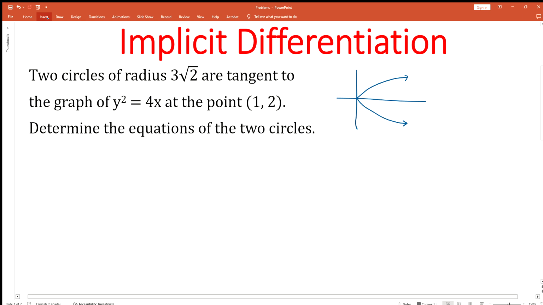As per the problem, the circles are tangent to this graph at the point (1, 2). Let's assume point (1, 2) is somewhere here on the graph. So there are two circles that are tangent to this curve at this point. We can show the circles like this.